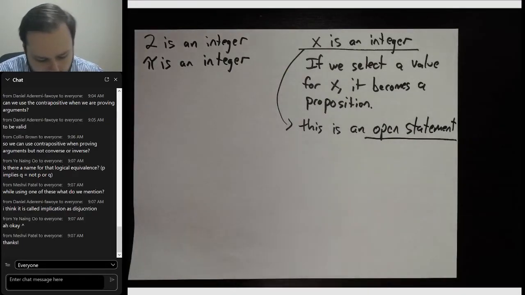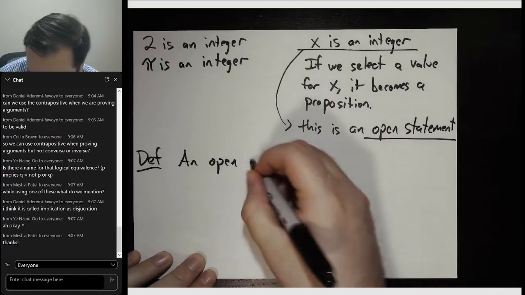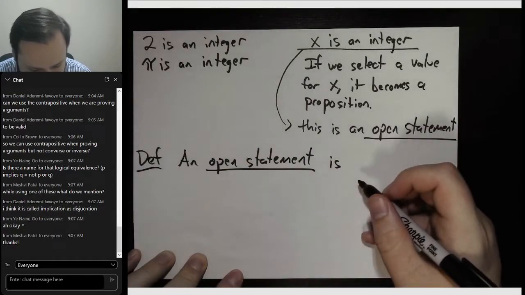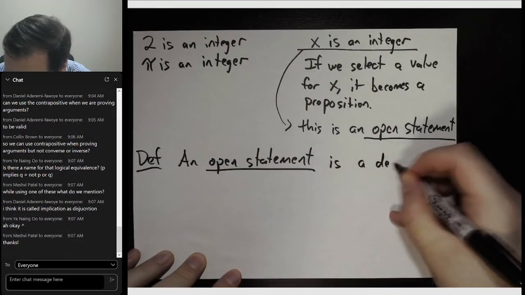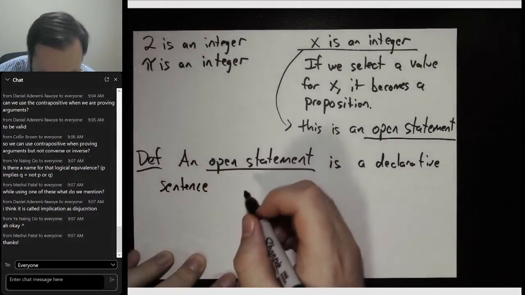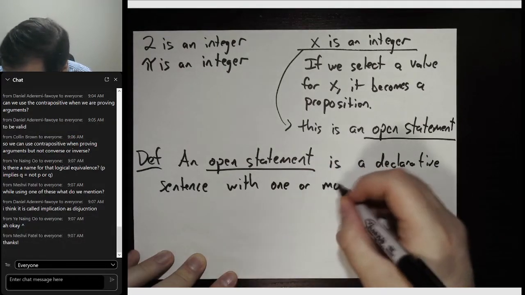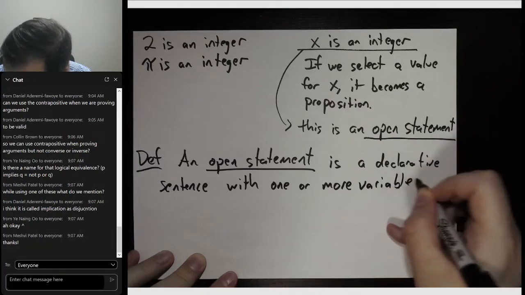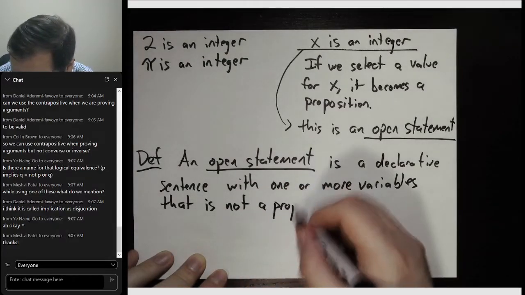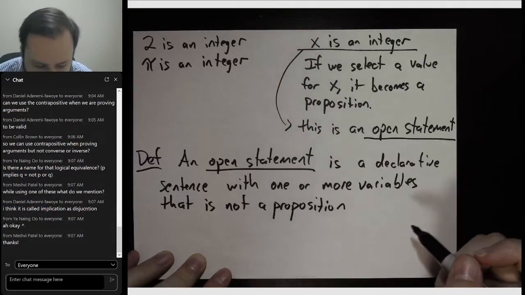So an open statement is a declarative sentence with one or more variables that is not a proposition but becomes a proposition if you replace those variables with a quantity.